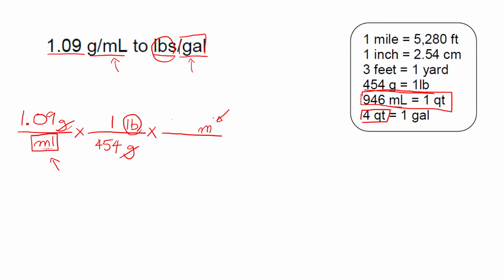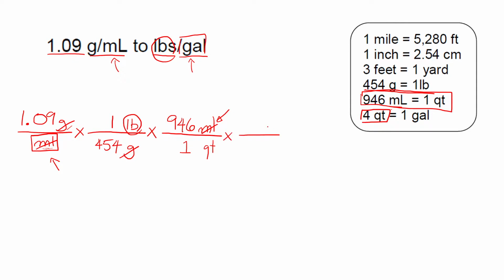So milliliters to quarts. See, it's a little bit like you just kind of flipped it over, because our unit is now on the bottom instead of the top. And our conversion factor is that 946 milliliters is equal to 1 quart. Awesome. Now milliliters cancels out.